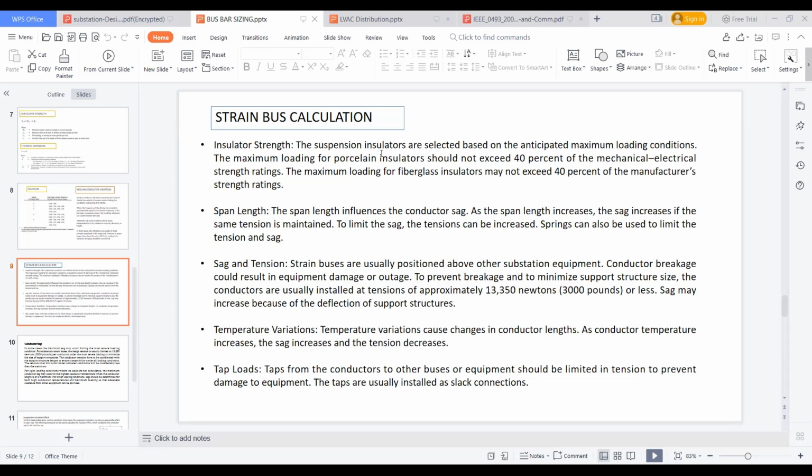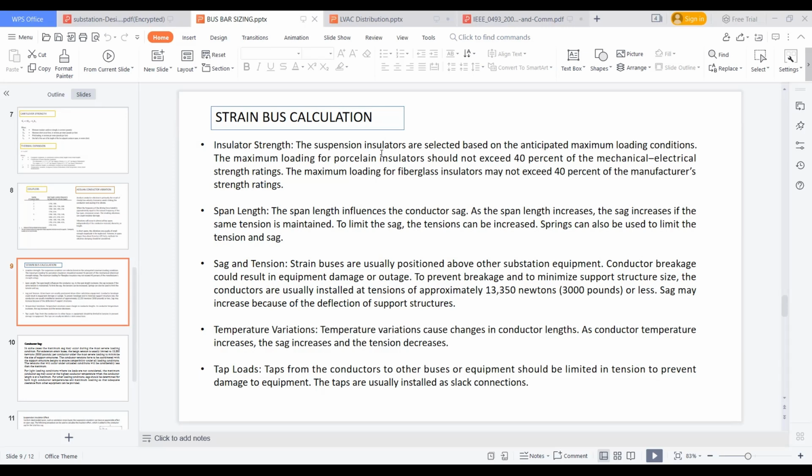And the maximum loading on the fiberglass insulators may not exceed 40% of the manufacturer strength ratings. Generally, that is what they mention for the insulators, whether suspension insulators, tension, or post insulators.